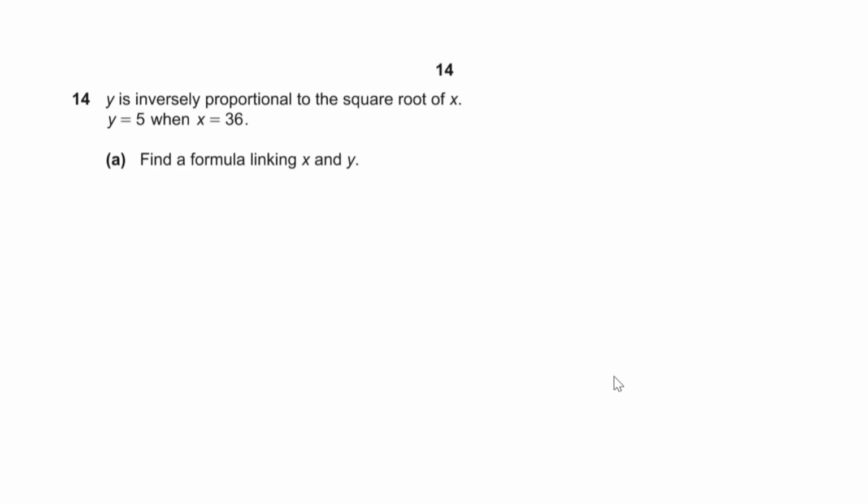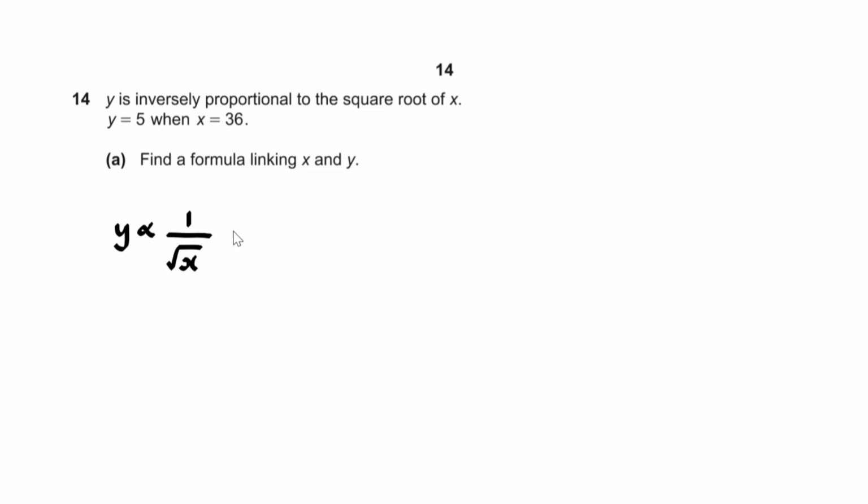Question number 14. Y is inversely proportional to the square root of x. When y is 5, x is 36. We have to find a formula linking x and y. Well, we've got y, which is inversely proportional to the square root of x. So we have the following statement.